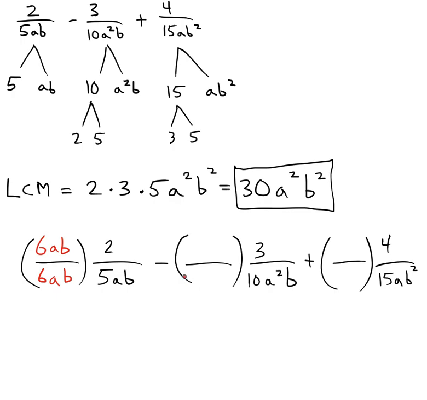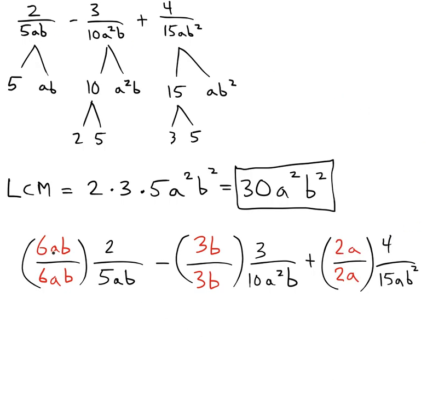Over here we need a 3 and a b, because 10 times 3 makes 30. A squared just stays itself, and then b times b makes b squared, so we've created the denominator we need. 15ab squared needs to get multiplied by 2a. All right, let's multiply across.